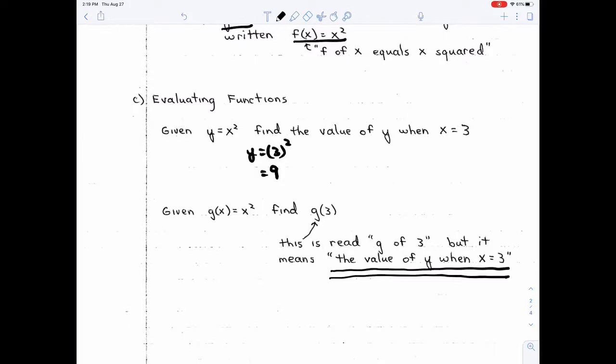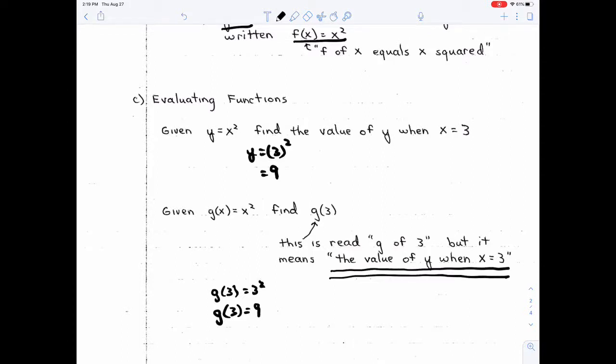I'm going to write it down twice and just watch. The typical way to do this would be this: g of 3 equals 3 squared, and g of 3 equals 9. Now, I'm going to suggest you not do that.